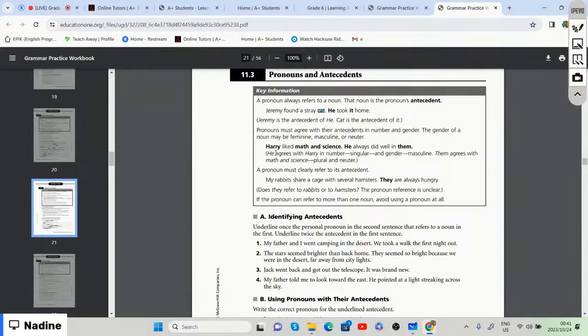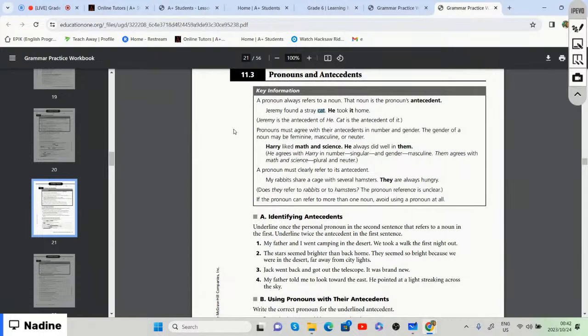And a pronoun must agree with the antecedent in number and gender. The gender of a noun may be feminine, masculine, or neuter. For example, Harry liked math and science. He always did well in them.